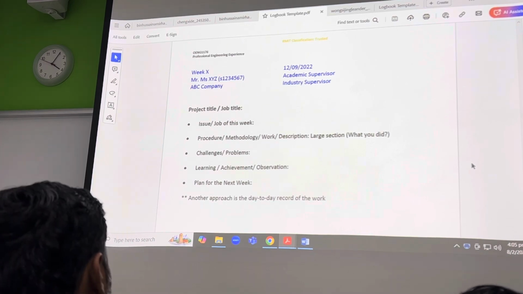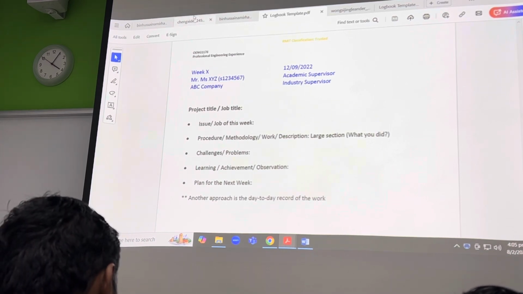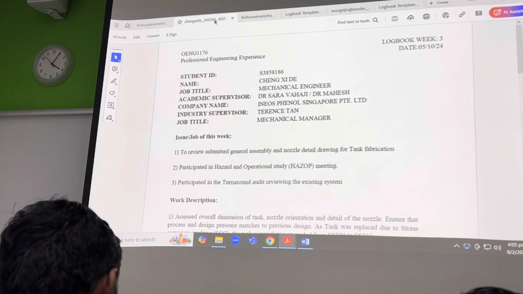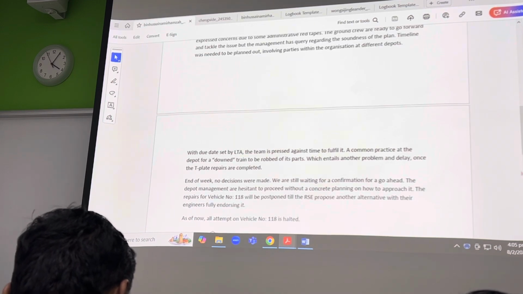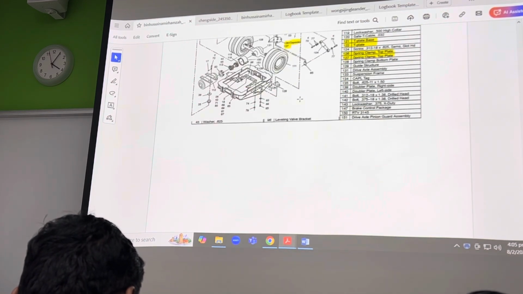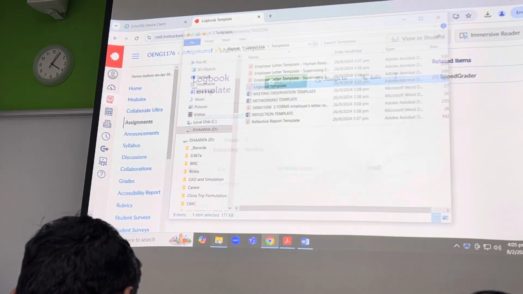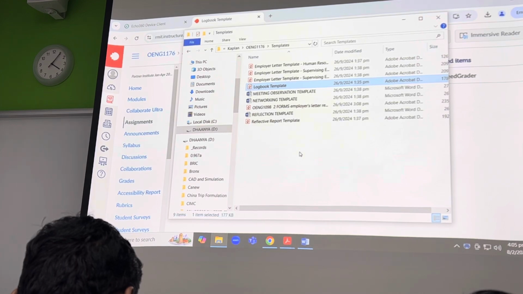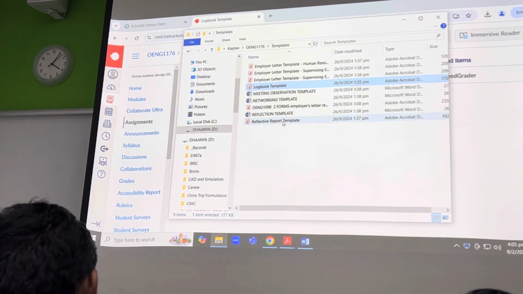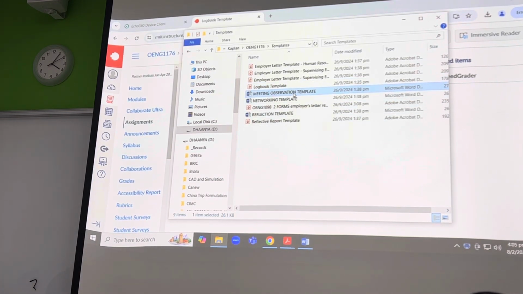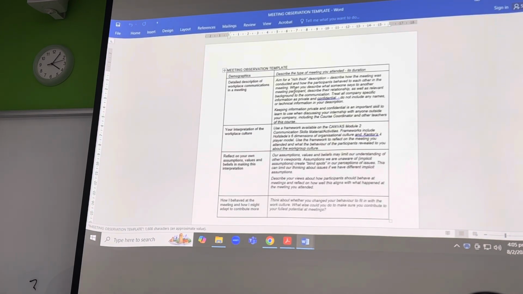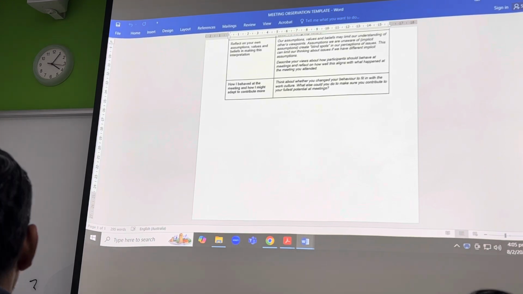I'm fine with whatever template that's workable for you. I think these are the templates you can find in the Canvas. Okay.